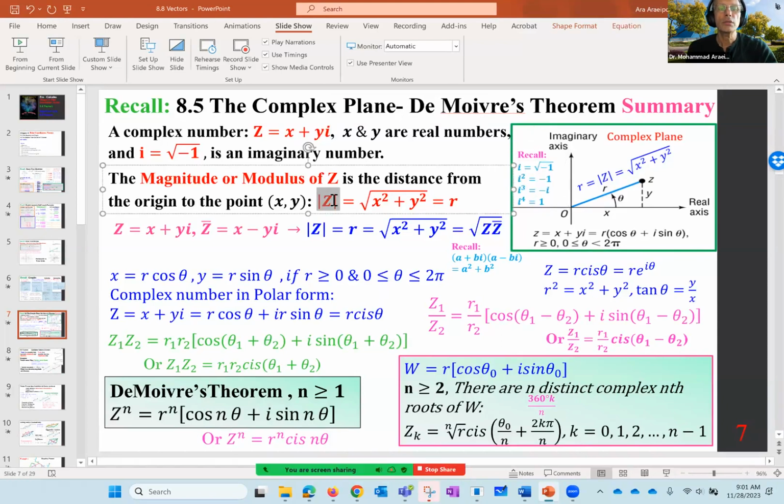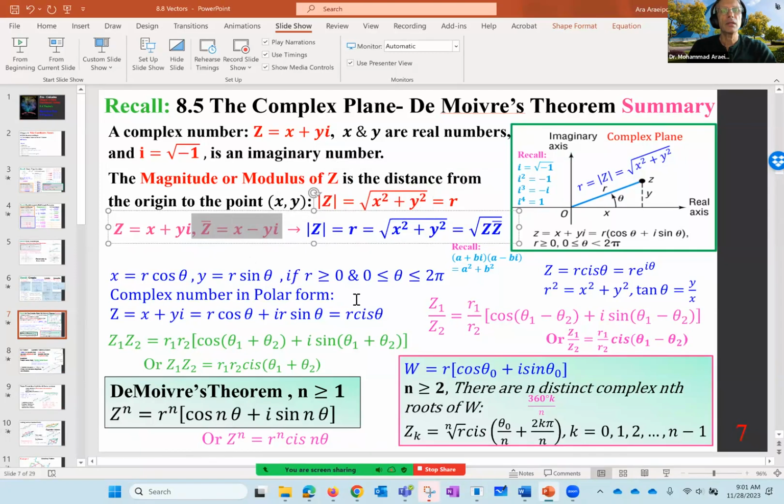And the modulus, or the size, is the same as r, or square root of x squared plus y squared. If this represents a complex number, z bar or x minus yi represents a conjugate.